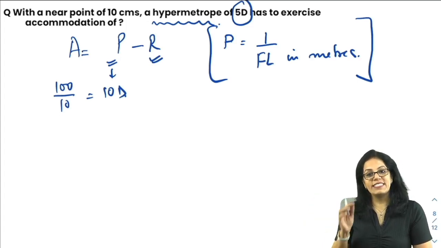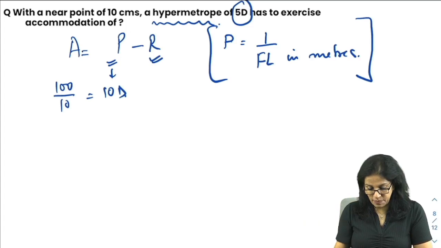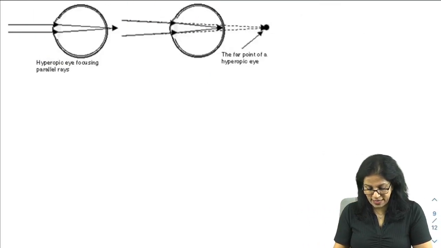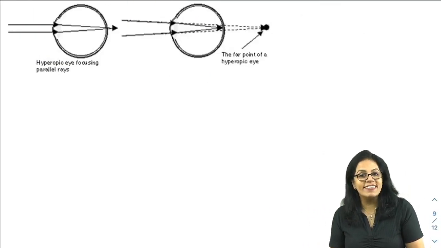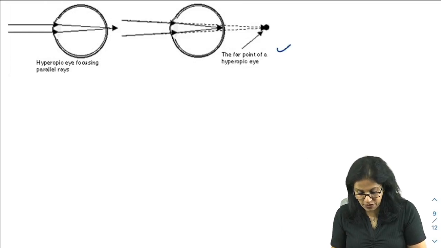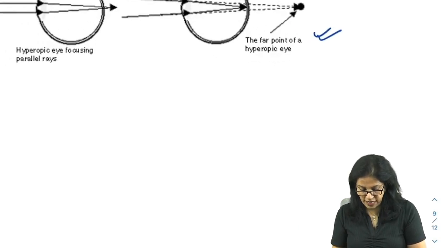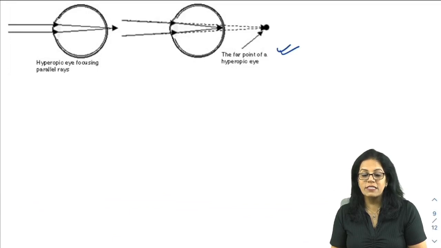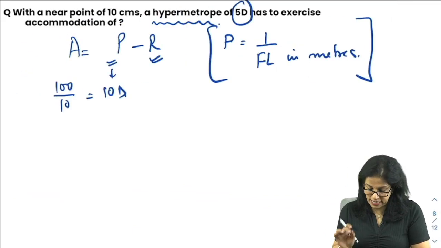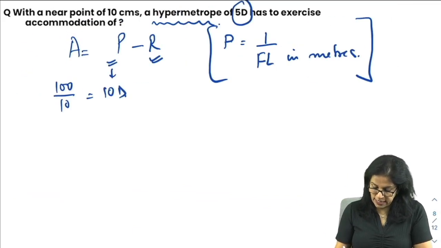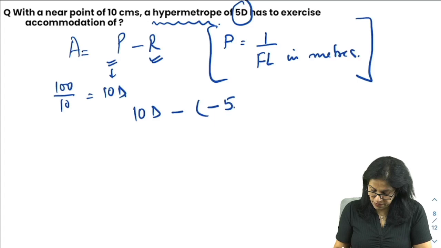No. So the trick in this question is hypermetropia. Do you all remember that the light rays are falling behind the retina? So far point of hyperopic eye is always behind the retina. Because it is behind the retina, therefore it is taken as minus. So 10 diopters is the near point, minus minus 5 taken.